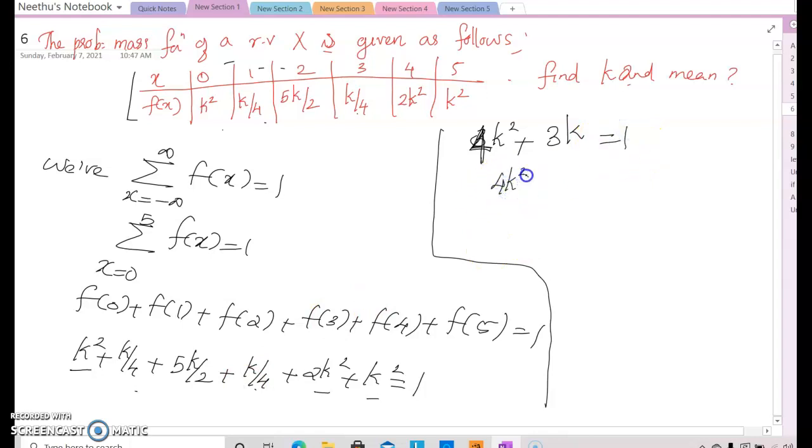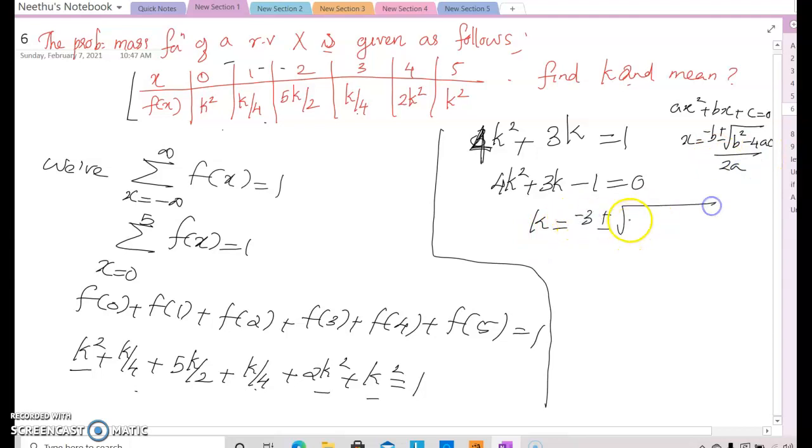That is 4k square plus 3k minus 1 equal to 0, which is a quadratic equation whose solution is given by, ax square plus bx plus c equal to 0 ആണെങ്കിൽ എന്താ x equal to minus b plus or minus root of b square minus 4ac by 2a ആണ്. അതേപോലെ ഇവിടെ minus 3 plus or minus root of b square minus 4ac, ഇവിടെ a 4 ആണ്, b 3 ആണ്, c minus 1 ആണ്, by 2a.